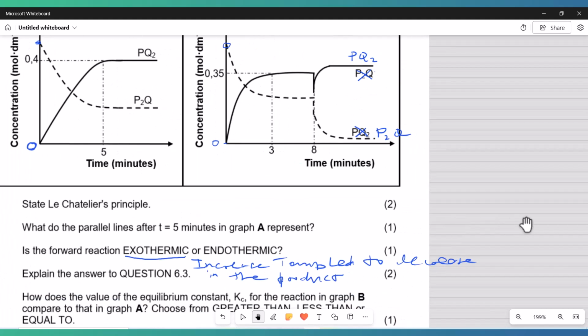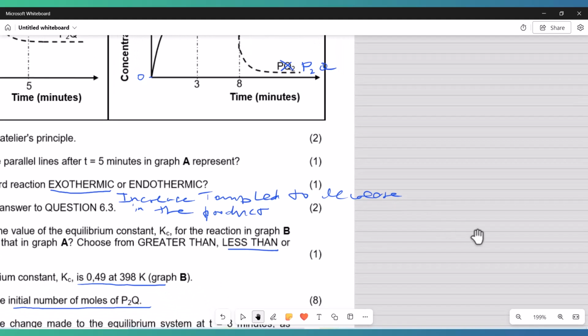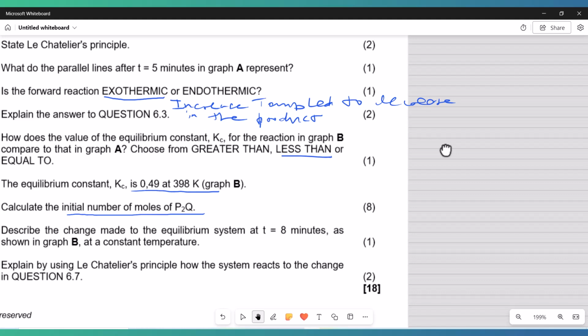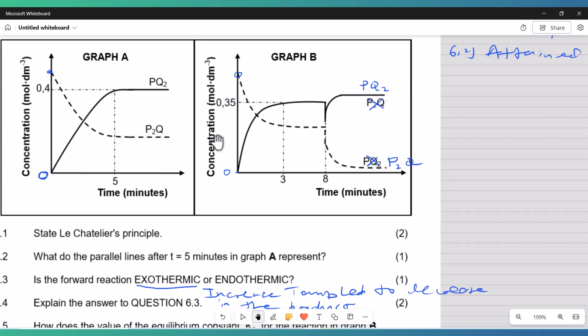In some questions where we have the moles, we can use moles in our table and later convert them to concentrations using the right table. But in this case, because we have concentration on the y-axis, it is easier to use the concentrations.